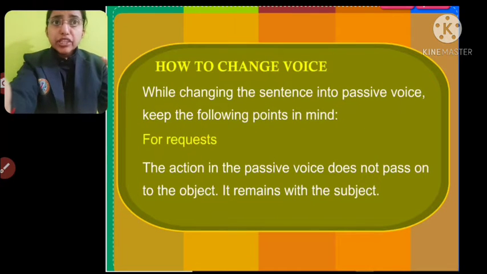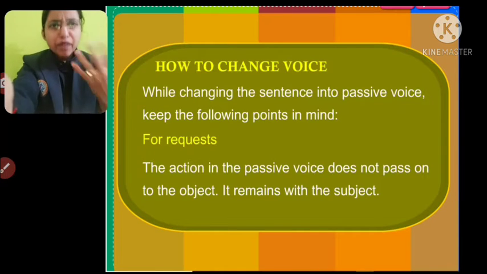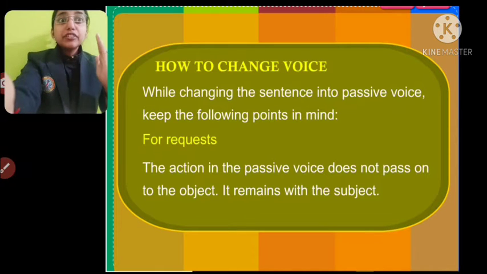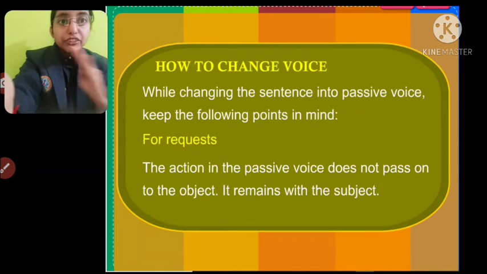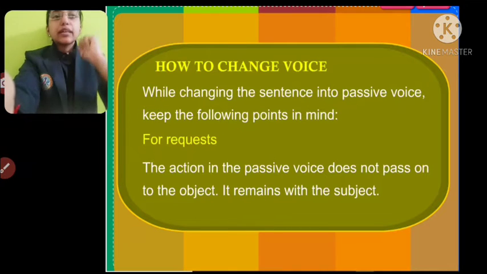Now, how to change voice? While changing the sentences into passive voice, we will keep the following points in mind. For request, हम request करते हैं ना? The action in the passive voice does not pass on to the object. It remains with the subject.